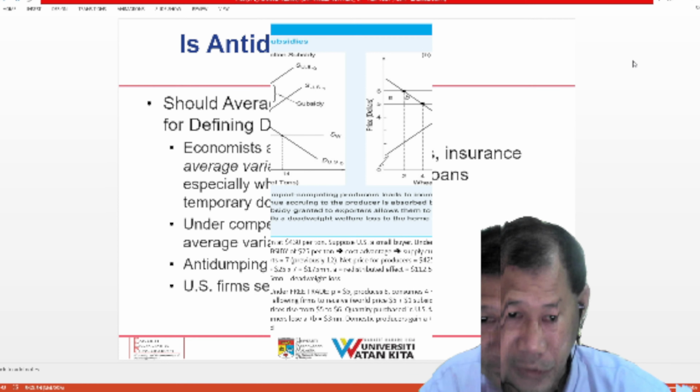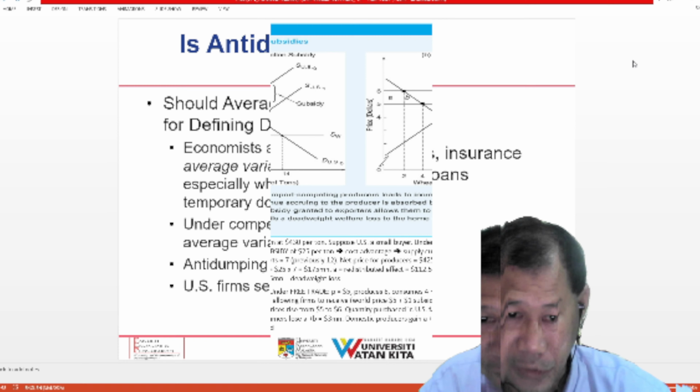Should average variable cost be the yardstick for defining dumping? Economists argue that fair value should be based on average variable cost rather than average total cost, especially when the domestic economy experiences temporary downturns in demand. That's why average variable cost is better than total.